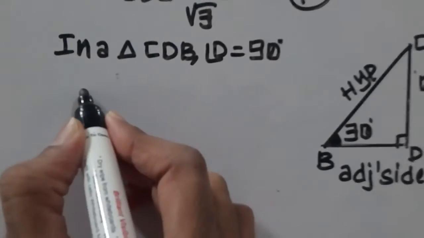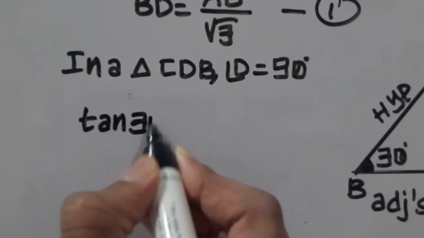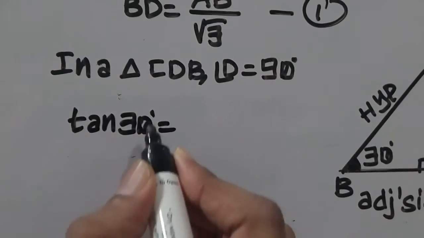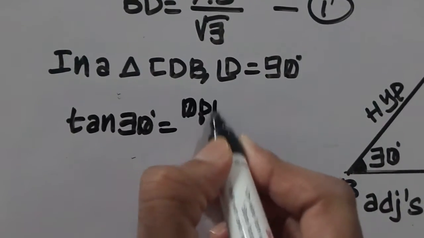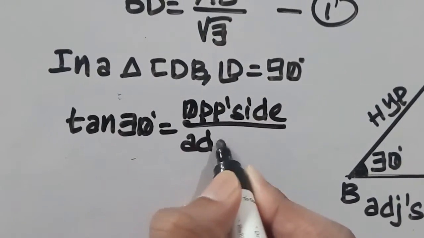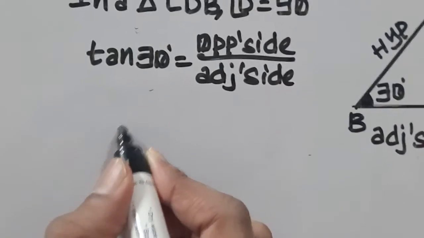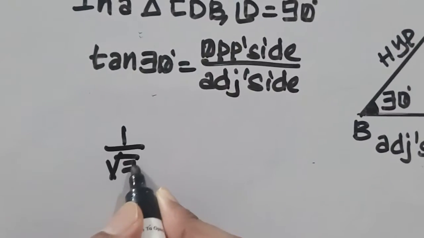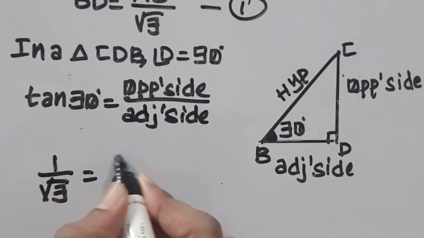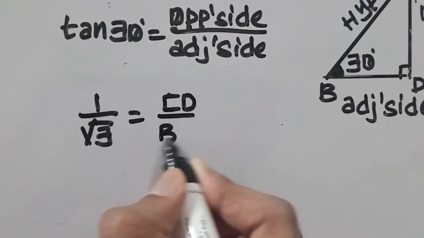Now we'll take tan 30 degrees, which is equal to the opposite side by the adjacent side. Tan 30 degrees is equal to 1 by root 3, where the opposite side is CD and the adjacent side is BD from the figure.